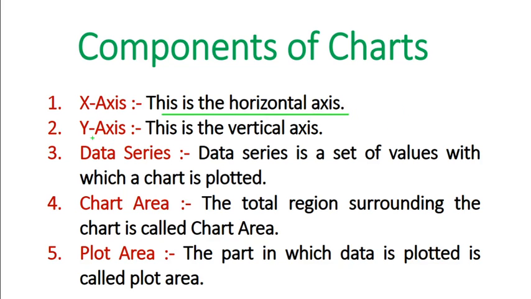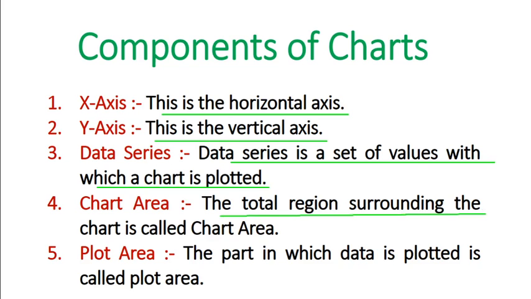And likewise y-axis, this is the vertical axis. And then the third component, data series. So data series is a set of values with which a chart is plotted. Likewise chart area. The total region surrounding the chart is called chart area.